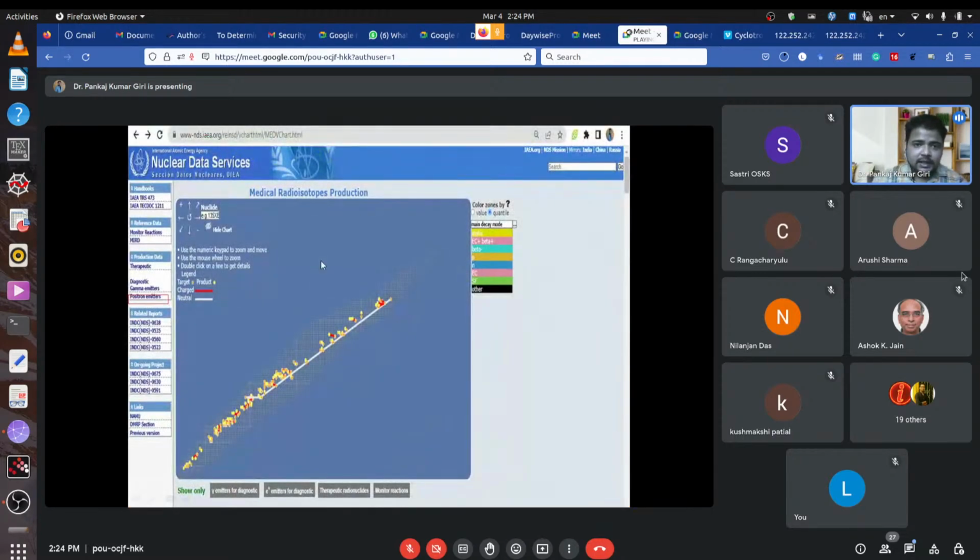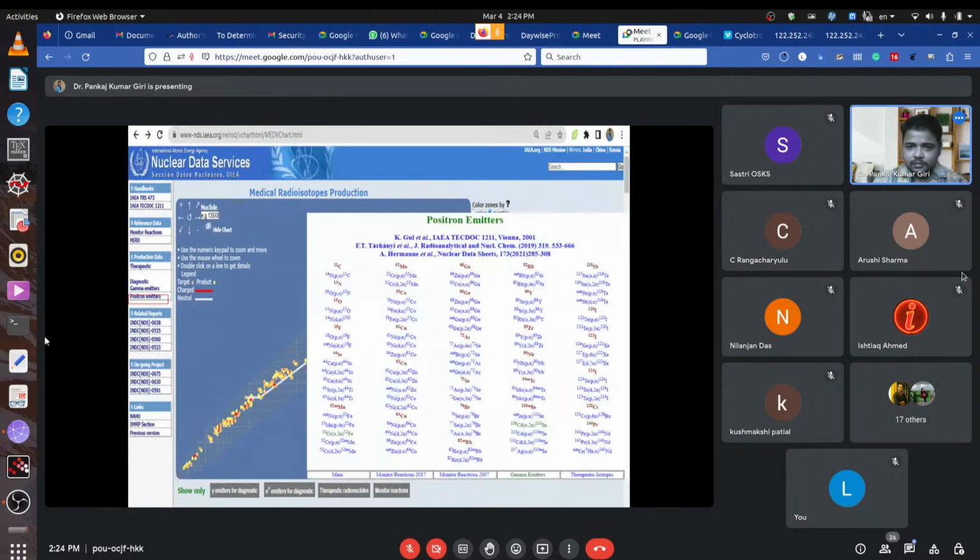So I designed this particular talk in order to apply some of the modeling to produce radioisotopes. We indexed from the IAEA website and went for the positron emitter radioisotopes. These are the standard indexed IAEA radioisotopes for medical application.